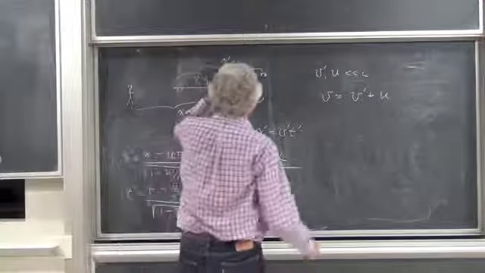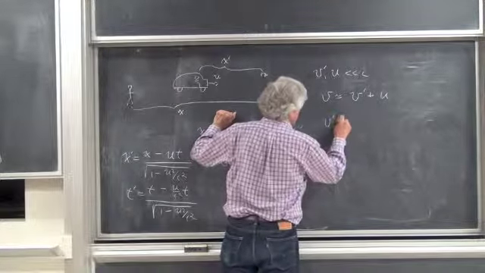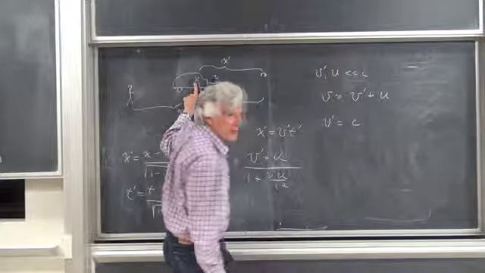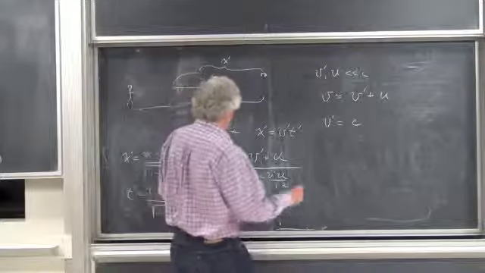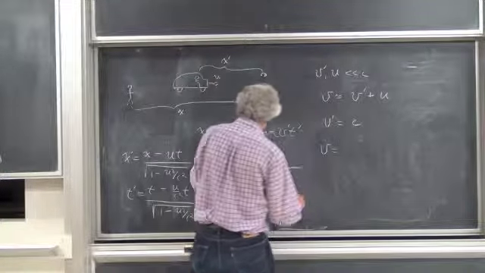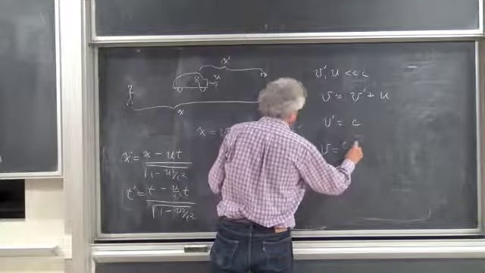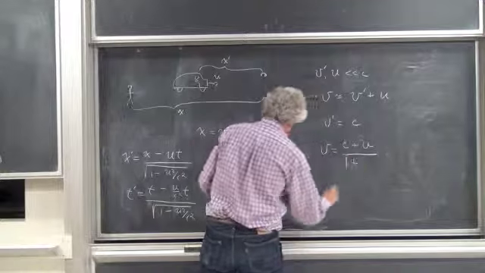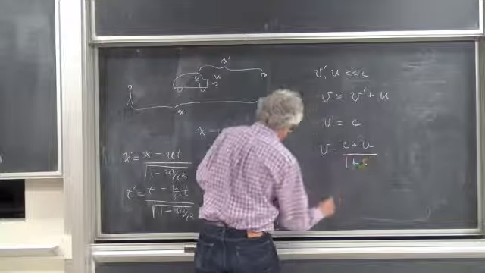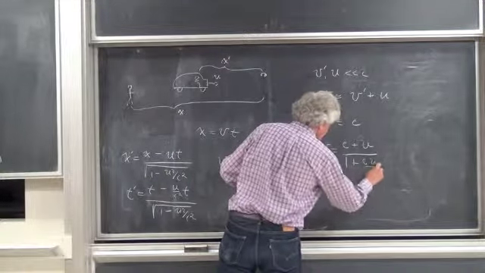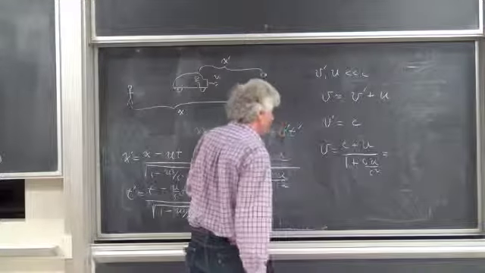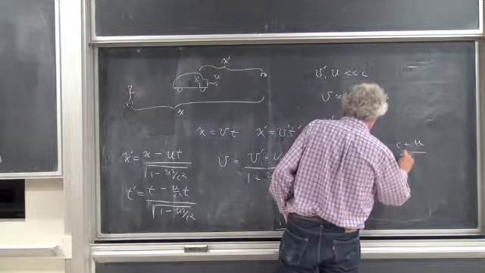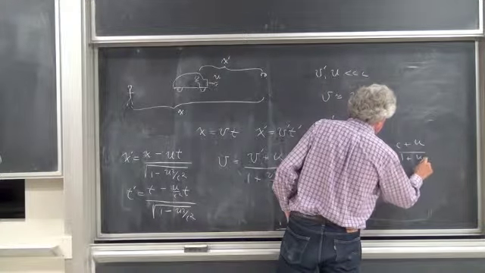Now, on the other hand, suppose v prime, the speed seen by this observer, happens to exactly equal c, the speed of light. Well, we can put that in. Then v would be c plus u divided by 1 plus, here again we would put in c, u over c squared, in which case I end up with c plus u over 1 plus u over c.